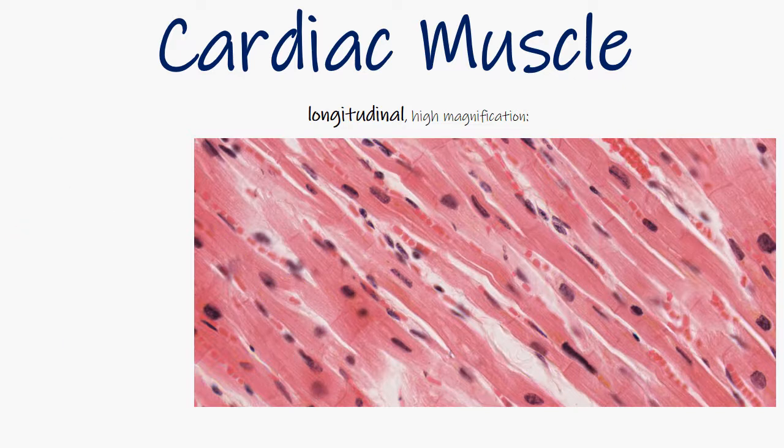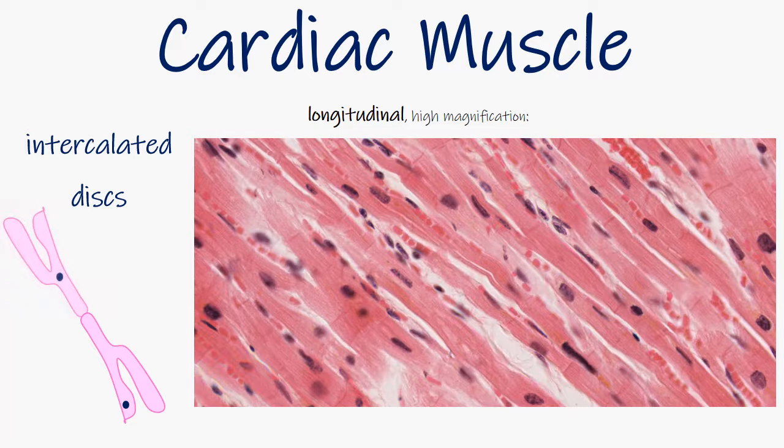The second unique feature of cardiac muscle is the presence of intercalated discs. If we start by looking once again at a schematic of cardiac cells, this time 2 adjacent cells, then I am now adding in a dark pink line in between the cells and indicating it with an arrow. This is an intercalated disc.